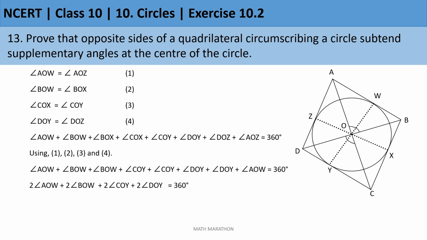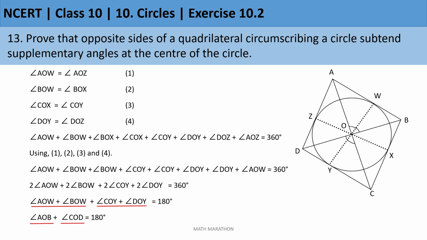Twice angle AOW plus twice angle BOW plus twice angle COY plus twice angle DOY is equal to 360 degrees. Let us divide the equation by 2. Angle AOW plus angle BOW plus angle COY plus angle DOY is equal to 180 degrees.